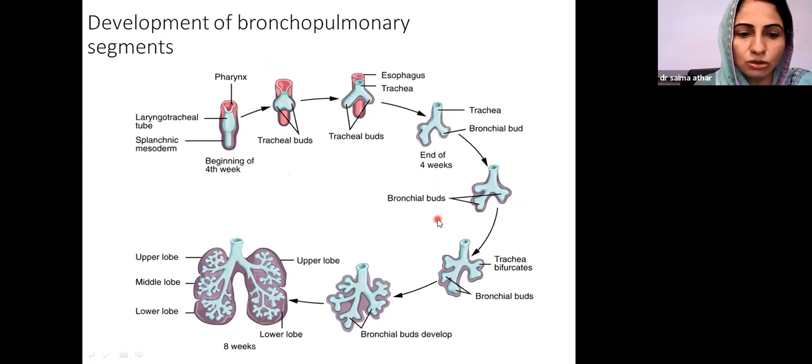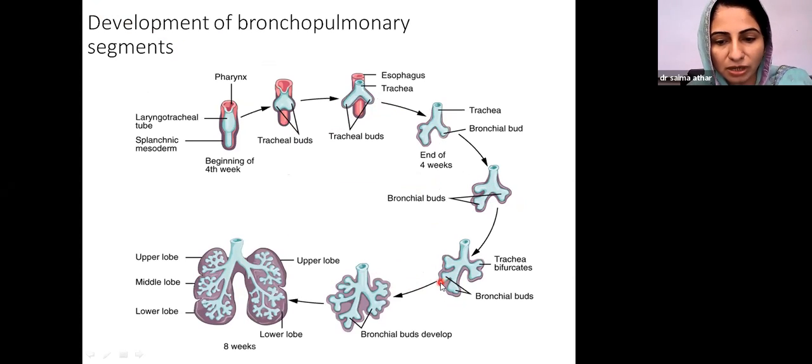Bronchopulmonary segments, I told you, is just further division of these bronchial buds. One bronchial bud will divide into 2, those 2 will divide further into 2, those 2 will further divide into 2, and ultimately this will go on, right? So we will get lots of the terminal and the respiratory bronchioles. Okay, so this is the beginning of the 4th week.